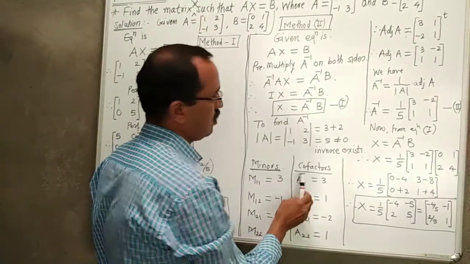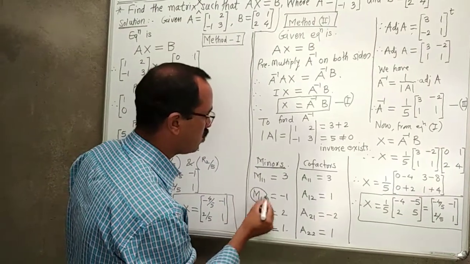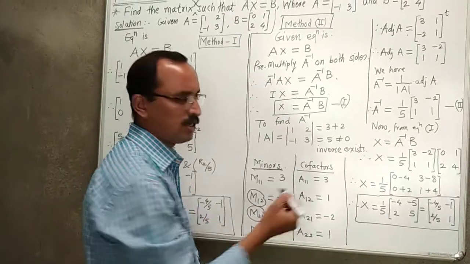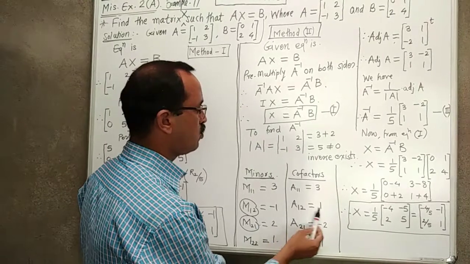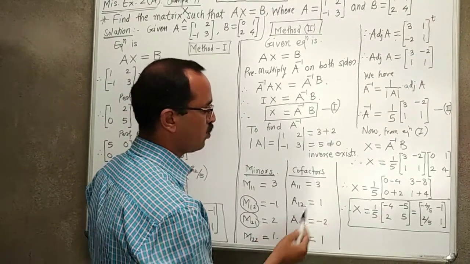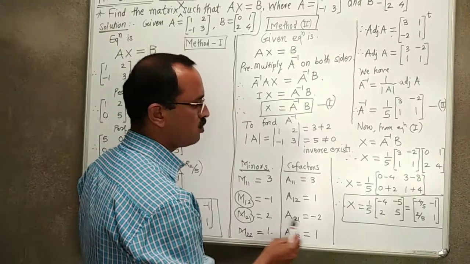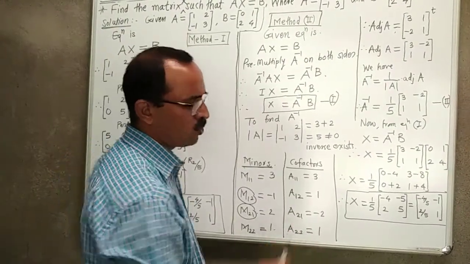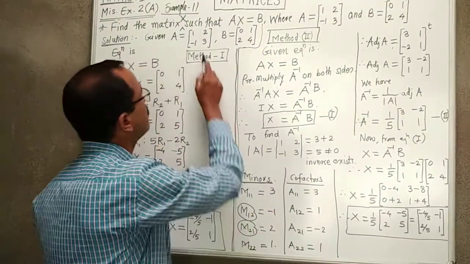So we write the cofactors by changing the sign of the 2 minors, that is M12 and M21. So A11 is equal to 3, A12 is equal to, we change this sign, plus 1, A21, here also we change the sign, 2, that means it is minus 2, and A22 is equal to 1. So these are the cofactors of this matrix A.